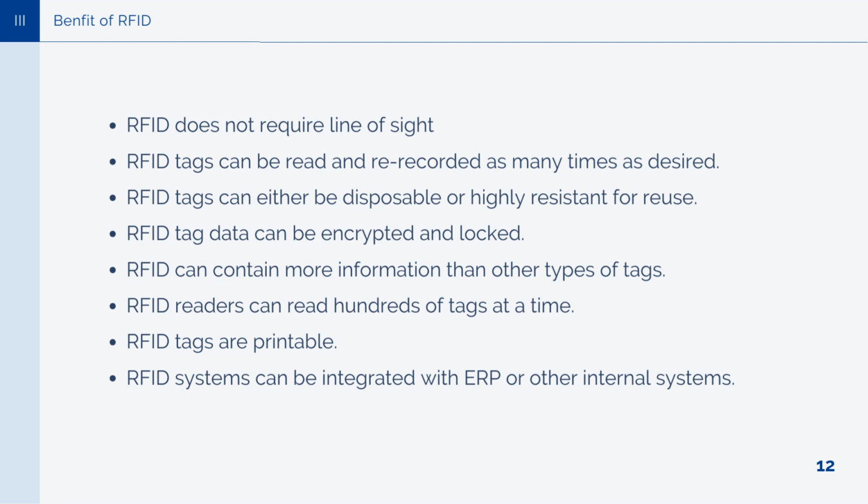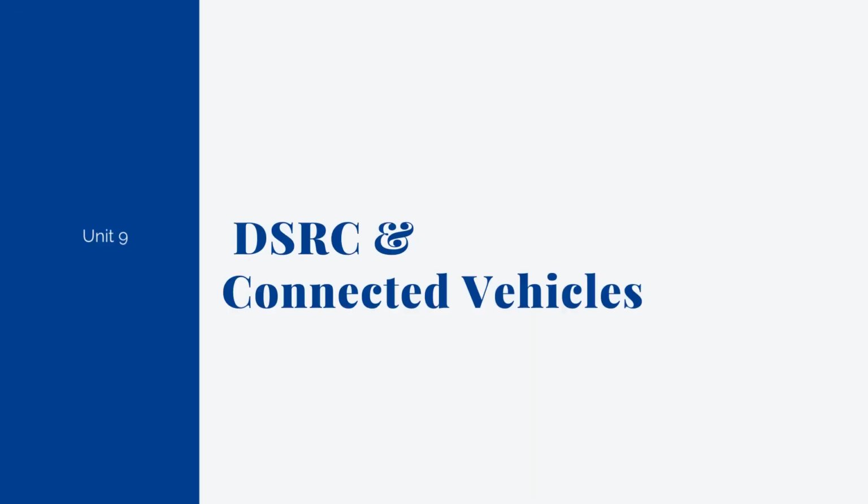RFID can contain more information than other types of tags. An RFID reader can read hundreds of tags at a time. RFID tags are printable. RFID systems can be integrated with ERP or other internal systems.